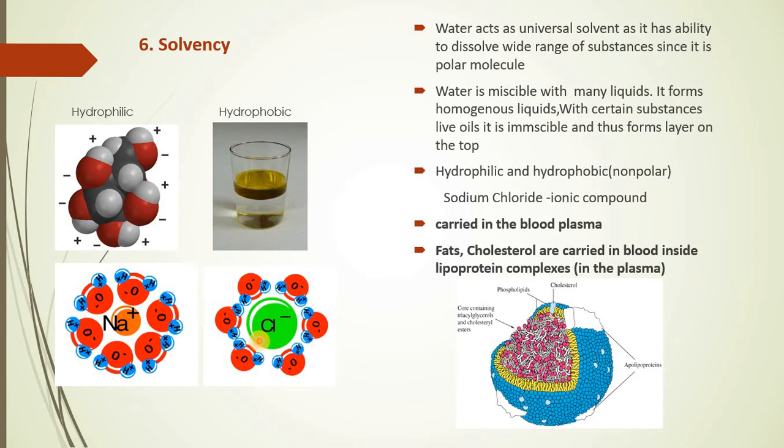Or in other words, the solvency of water enables the different components within the plasma to move from one region of the body to another. So you may have the question in mind, is it only the hydrophilic substances which are carried within your plasma? The answer is no.